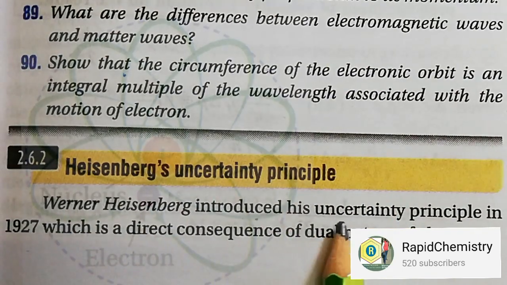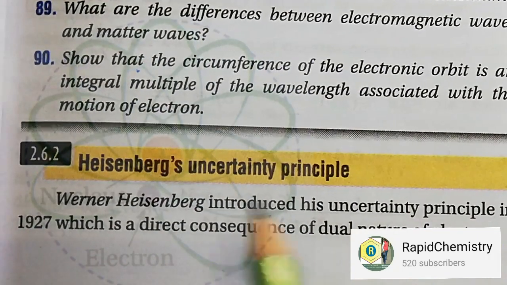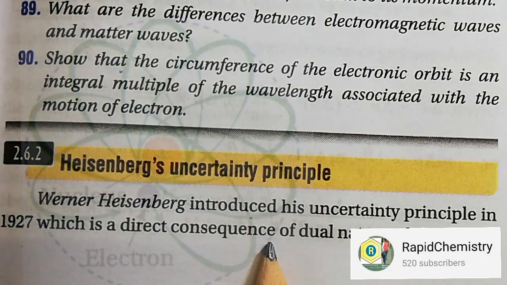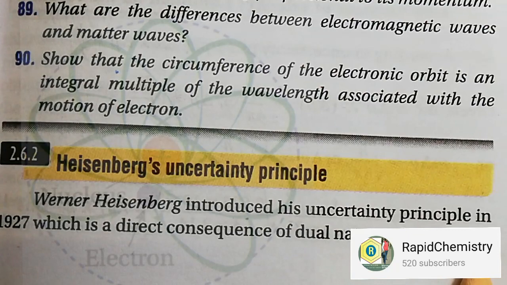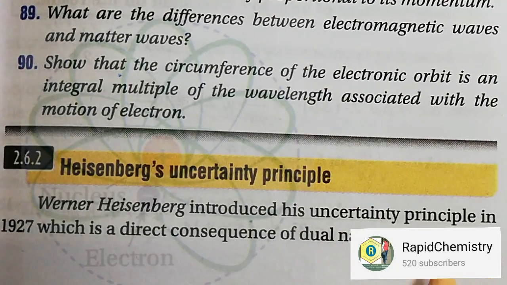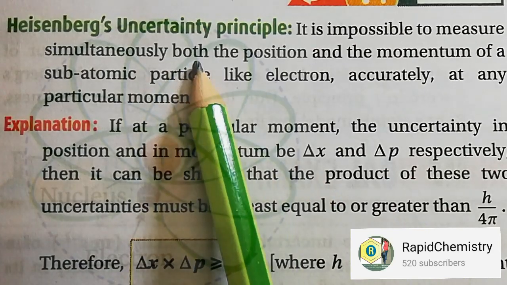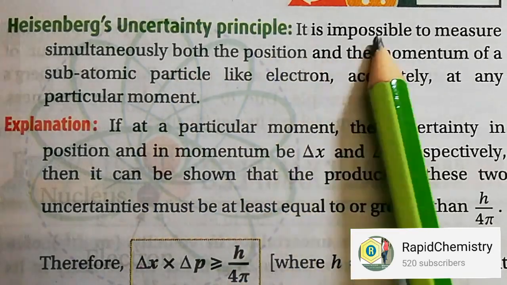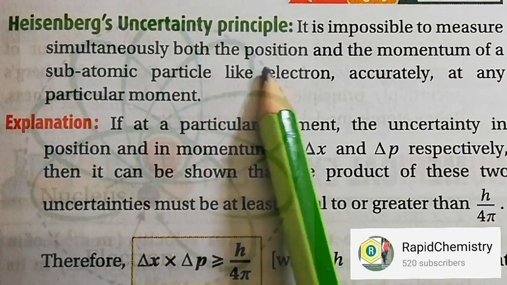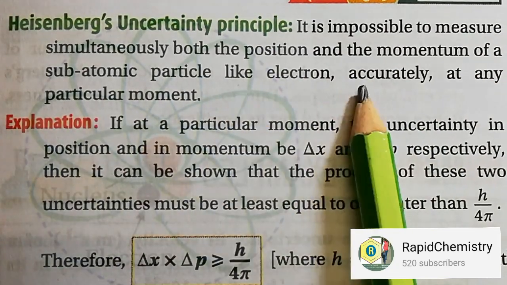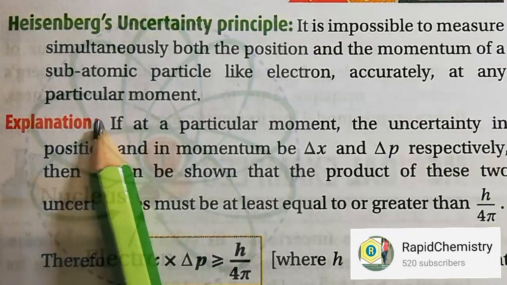Werner Heisenberg introduced his uncertainty principle in 1927, which is a direct consequence of the dual nature of the electron. The dual nature of the electron we have just studied. According to Heisenberg's uncertainty principle, it is impossible to measure simultaneously both the position and the momentum of a subatomic particle like an electron accurately at any particular moment.